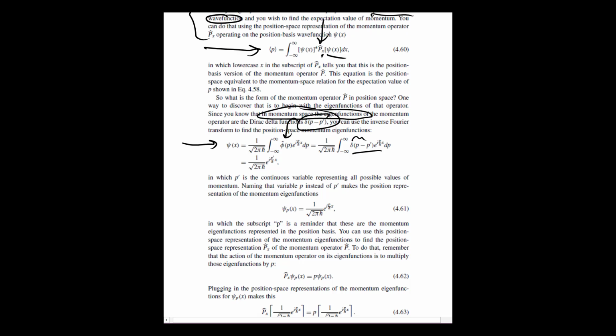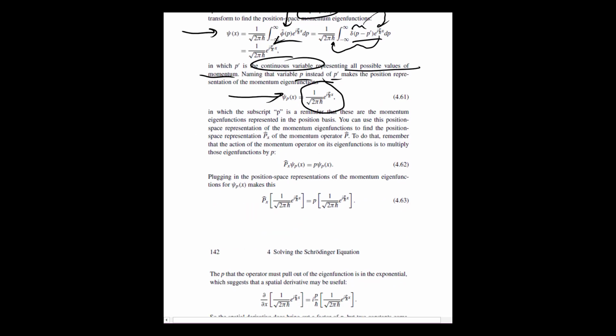The only place this is non-zero is when p equals p prime, so we can walk this function right out of the integral as long as we plug in p prime, as we've done here. Remember, p prime is a continuous variable, can represent all possible values of momentum. We may as well call that p instead of p prime, and that means that in position space, the momentum eigenfunctions look like this, which is exactly what we'd expect. They're the wave functions of plane waves.